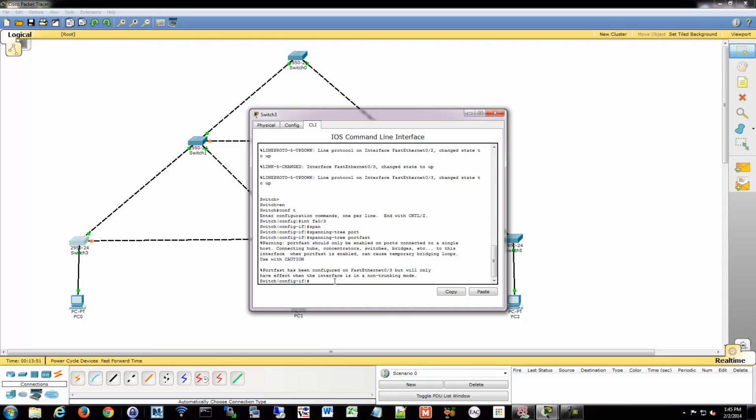So one thing we have to do also is set this to an access port. Right now it's in dynamic mode by default. Remember I mentioned dynamic trunking is enabled by default on all these.